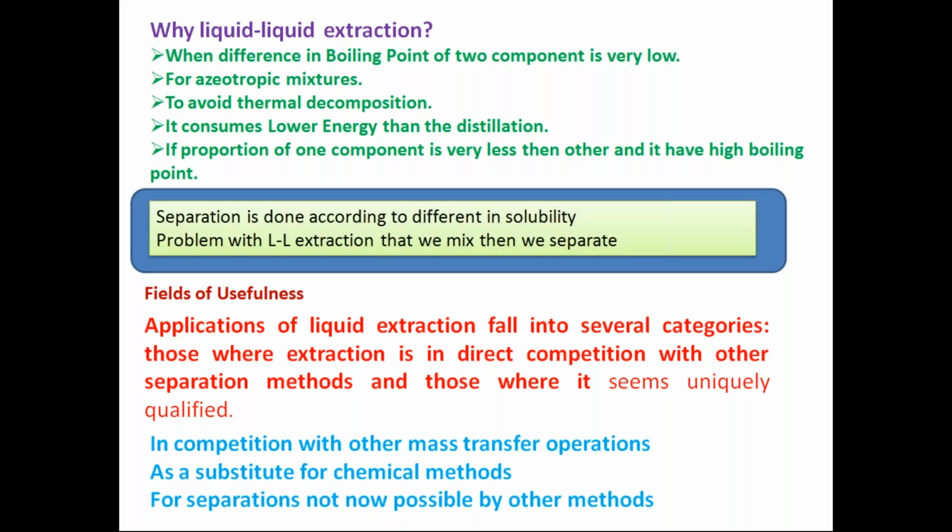So this will be easily done by liquid-liquid extraction. And in certain cases of indirect competition, it reduces the cost, the chemical consumption, and the energy consumption. So as an alternative method, you can take up the liquid extraction.